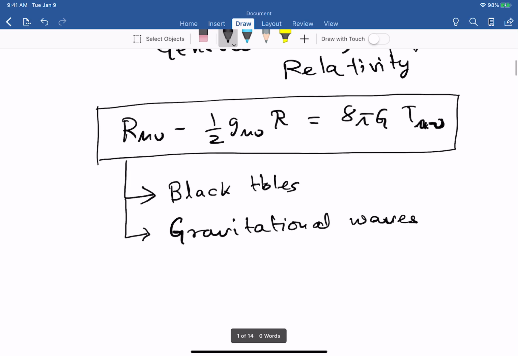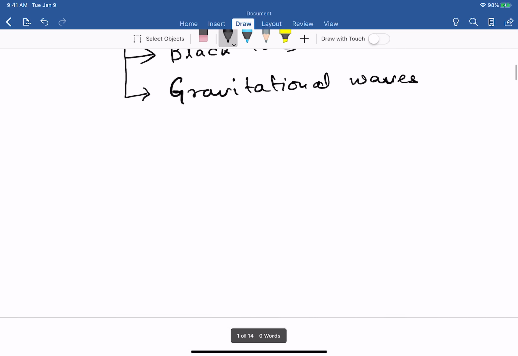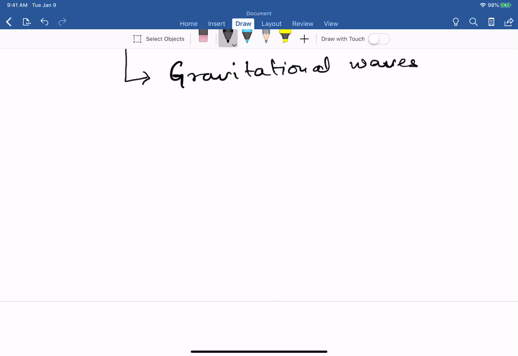So how can you possibly detect these ripples in the fabric of space and time? Well, one way of doing it is, suppose you have a long tunnel, and suppose there's a gravitational wave passing by.